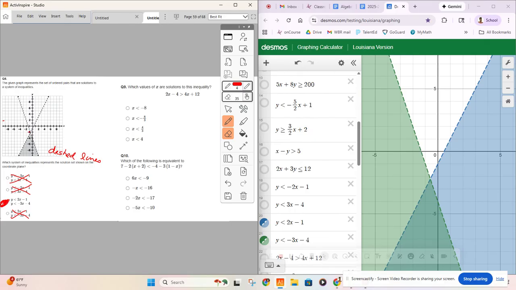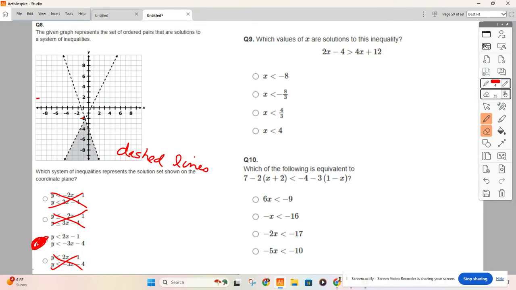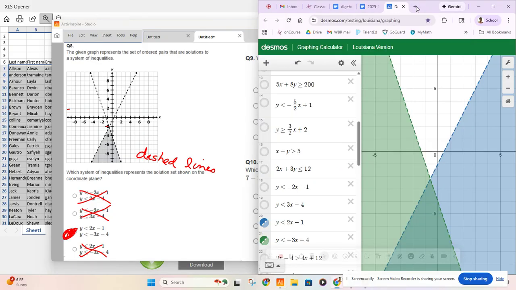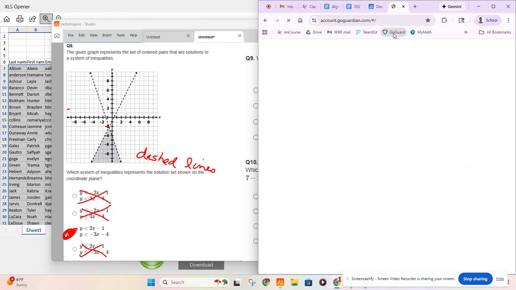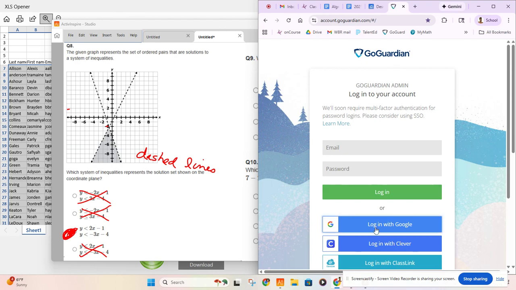Wait, can you zoom in? Which one? I'm trying to make sure it's in the right order. Wait, can I open up Desmos and work it? Does that make sense? Yeah. Real quick, if you do want to get your Chromebook out and work along, that's fine.